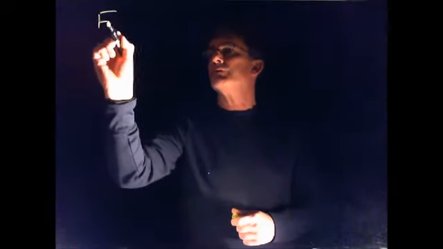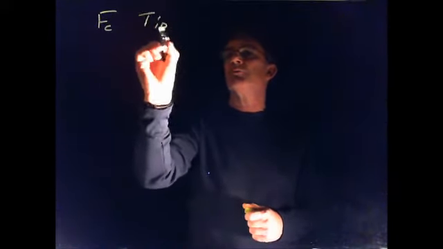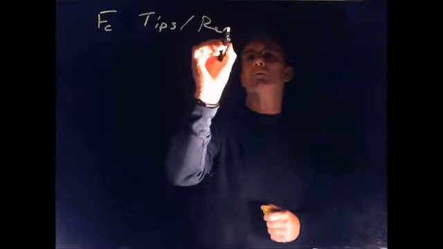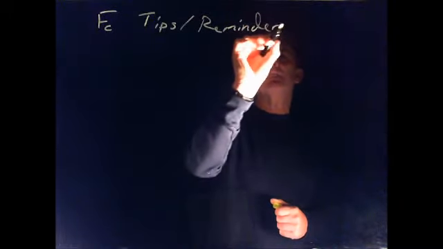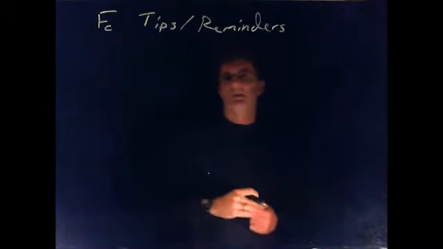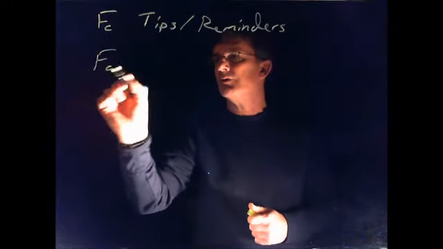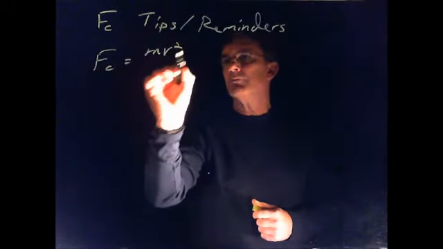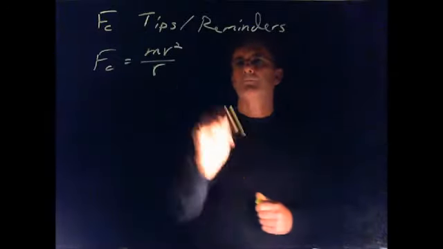Okay, let's look at a couple of aspects about centripetal force. So let me call this centripetal force tips or reminders. This gets into some of the conceptual ideas of centripetal force. mv squared over r.